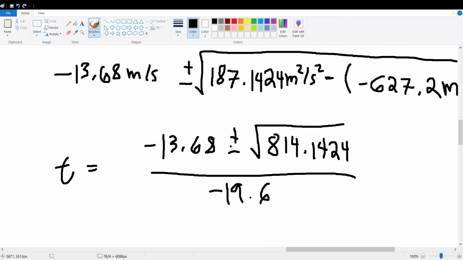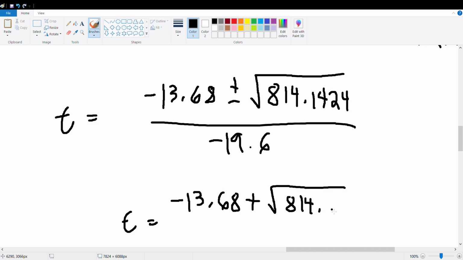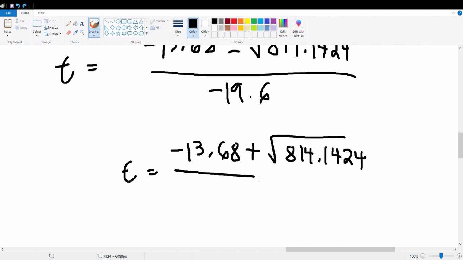So now that we have this, we're going to solve for each value, which we're just going to be doing negative 13.68 plus square root of 814.1424 and 19.6, which should give us, oops, I placed that in the calculator wrong.